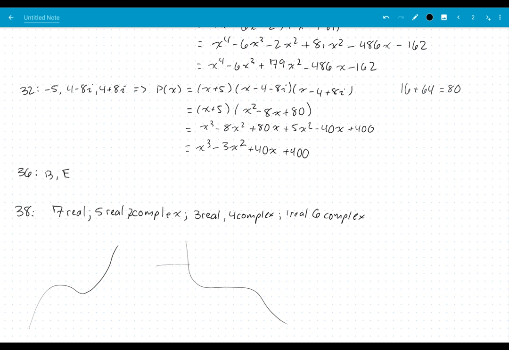So it has to cross the x-axis at least once, or it can cross the x-axis multiple times. Because it starts either at plus or minus infinity, and it goes to minus or plus infinity, it goes in the opposite direction as we put in higher and higher numbers. Because it's odd, we need to cross the x-axis an odd number of times. That is one reason why we call them odd polynomials.